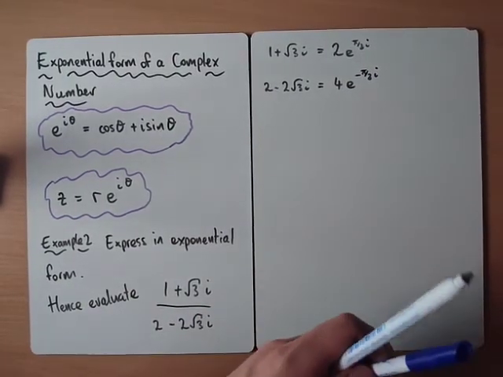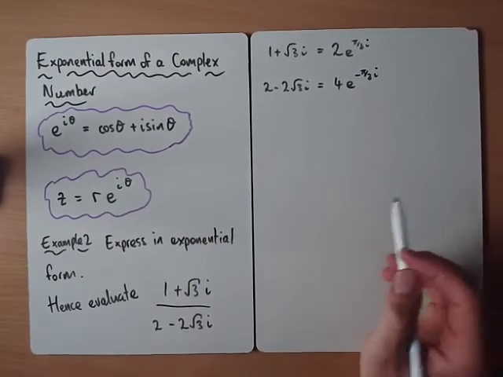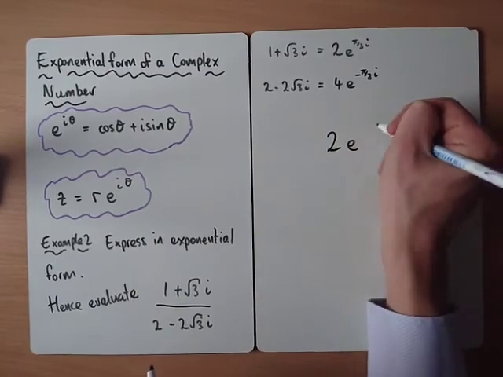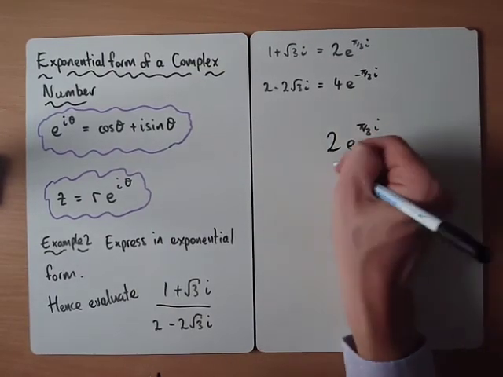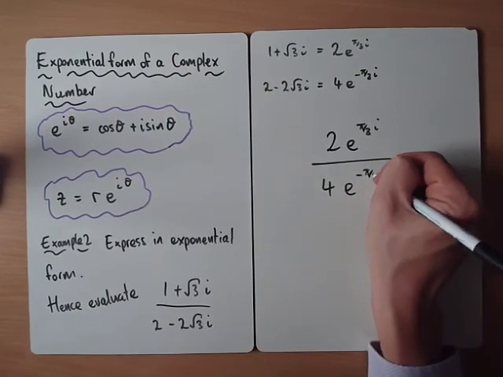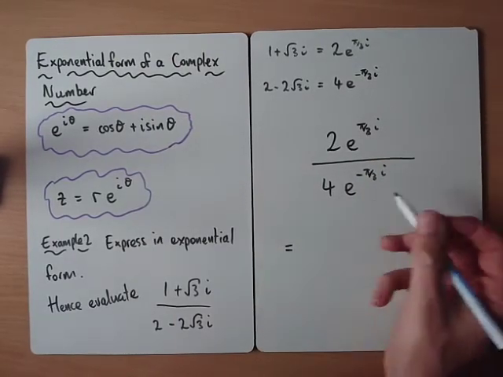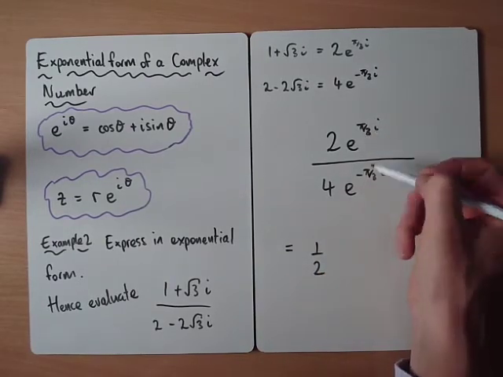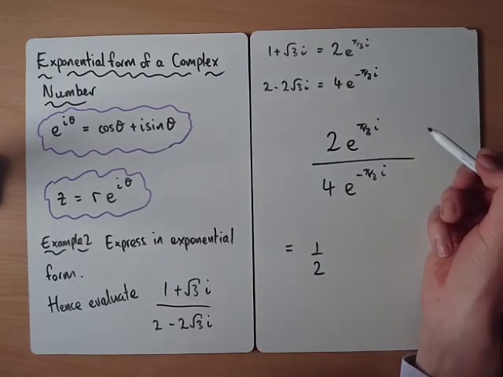But let's think about it in exponential form instead, because maybe it's a little bit quicker. So if I was trying to do this divided by this, we've got 2e to the pi over 3 i divided by 4e to the minus pi over 3 i. So 2 divided by 4, it would be a half. When we divide, we subtract the powers, don't we?